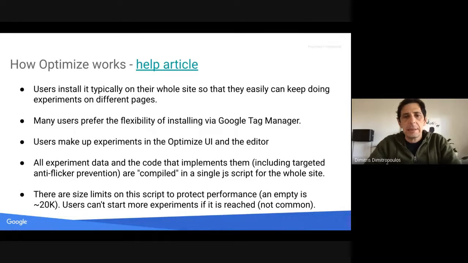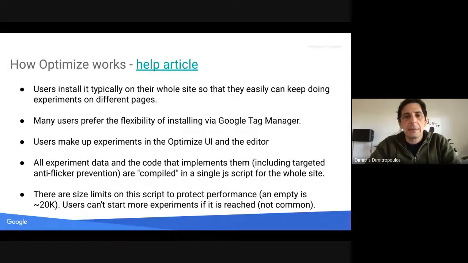Yeah, so as I said, the story here is that users typically put a single snippet in their whole site, and that helps them do experiments on different pages continuously, iteratively. The iteratively part is also something very important and something that's really hard for them to achieve by going through their development cycles.